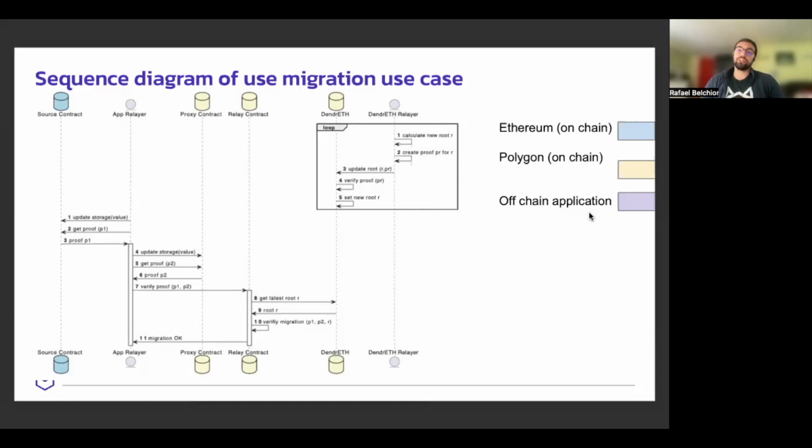Essentially, what this means is that you could do an invalid state synchronization, but the verification will not pass on the relay contract. So instead of enforcing the state synchronizations to be valid, we allow anything to happen, and at the end we verify that the state synchronization was valid.